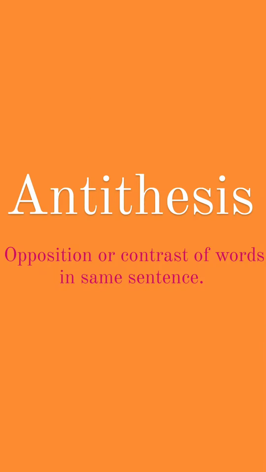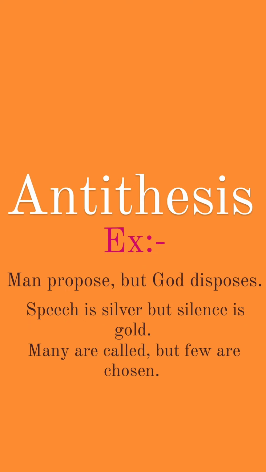Next we have antithesis. It means when a striking opposition or contrast of words or sentiments is made in the same sentence, it is employed to secure emphasis. For example, man proposes but God disposes. Speech is silver but silence is gold. Many are called but few are chosen. So these are some examples of antithesis.